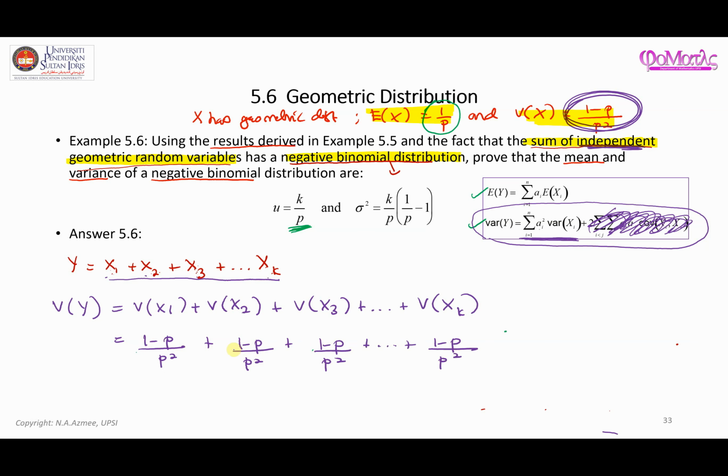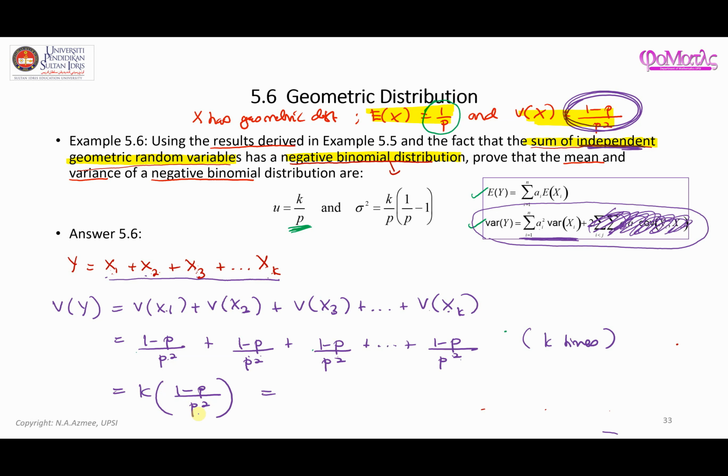So we know that all these terms are similar, and they are repeated k times because we have k different geometric random variables, right? Therefore this result is the same thing as having k times (1 minus p) over p squared. And what we can do is change the representation of it so that it looks like this one.